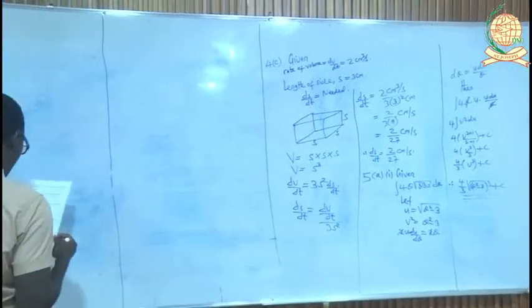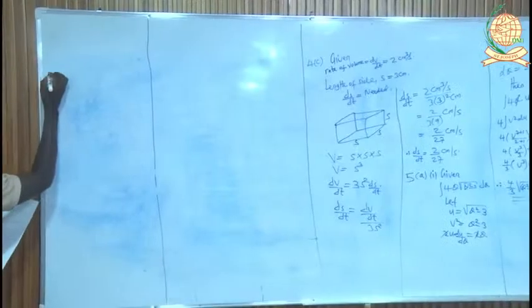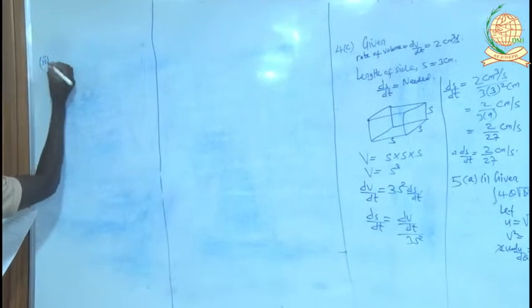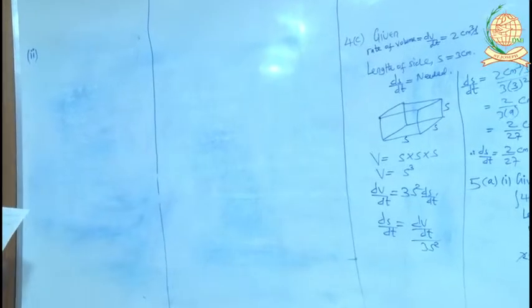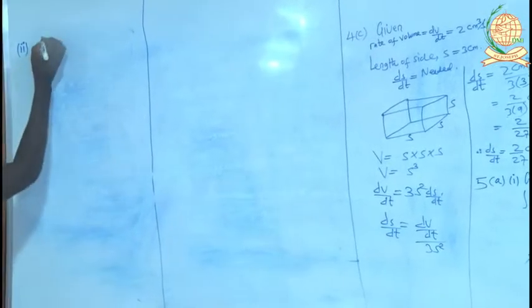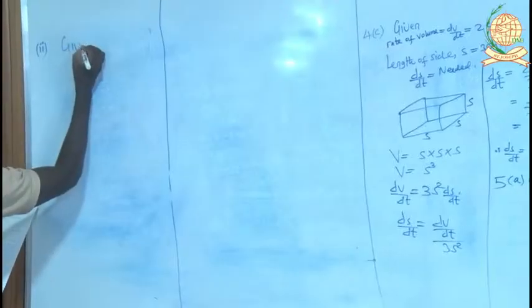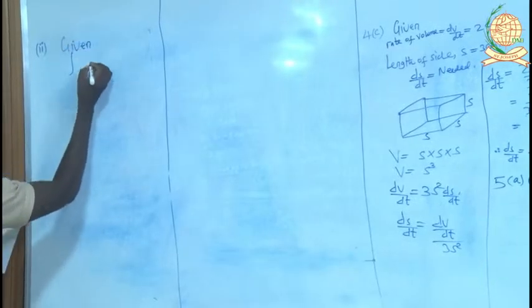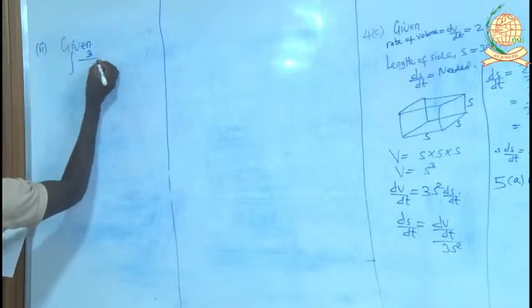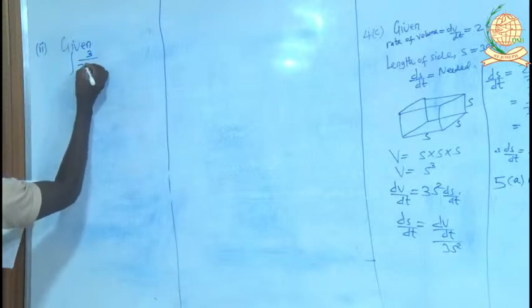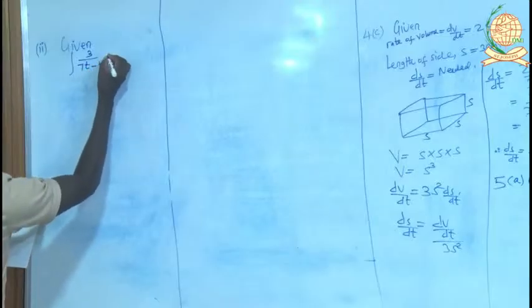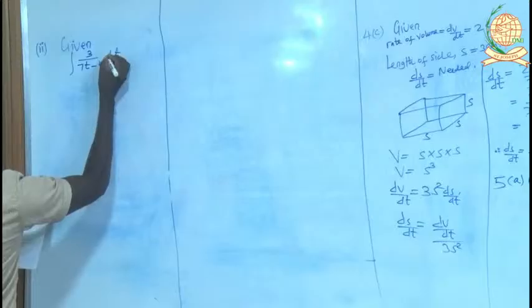Okay, Roman 2. Roman 2, we have this. We are given to integrate this function, 3 over 7t minus 4 dt.